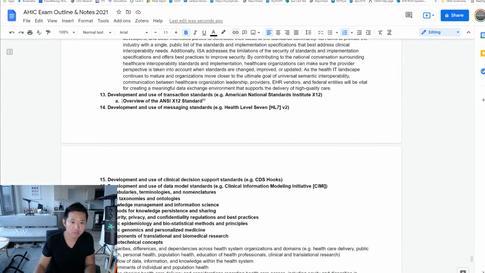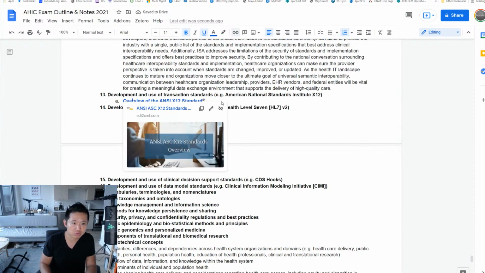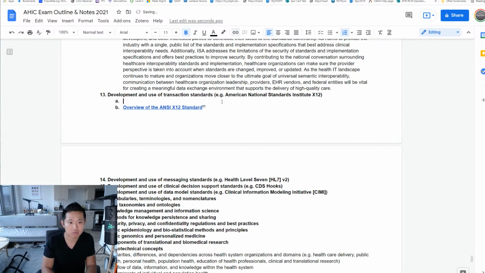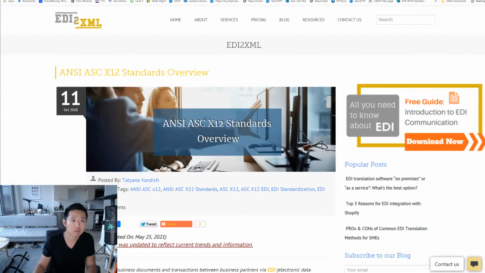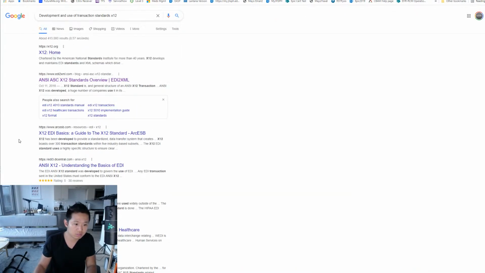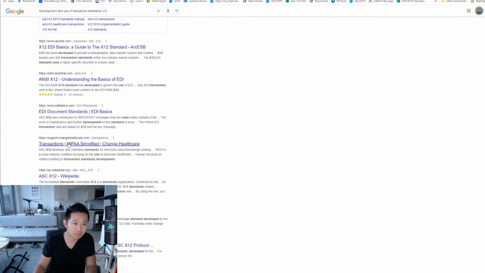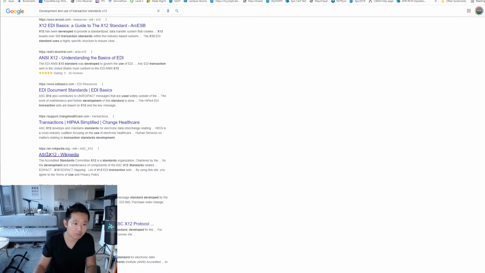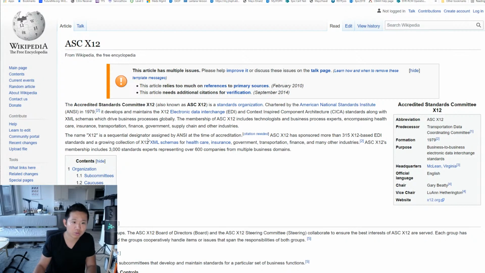All right, give this a link, and then I wonder if there's just a more broader overview that we can look at to talk about the use of transaction standards. Overview of transaction standards. Let's see, HIPAA. Good old Wikipedia.